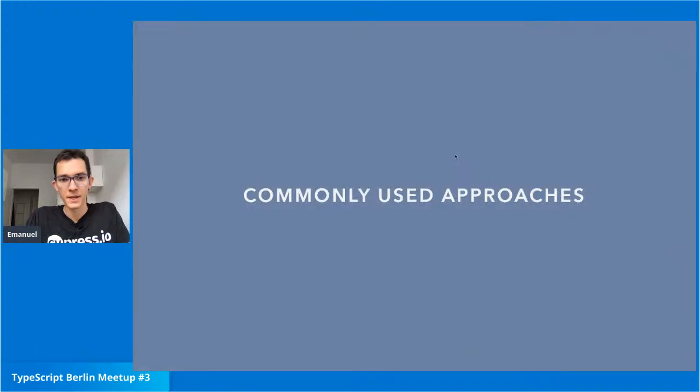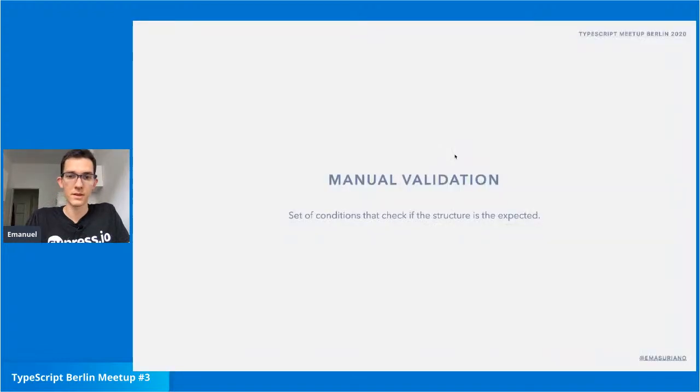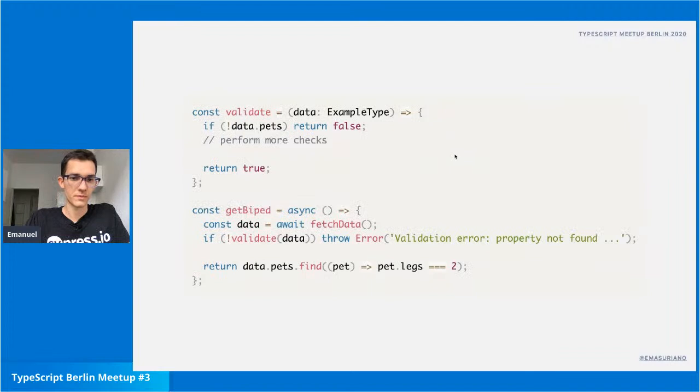Okay. So let's see some of the commonly used approaches to fix this problem. The first one, and the one that most people go with, is manual validation, which is a set of conditions that check if a structure is the expected one. So this is what manual validation looks like.